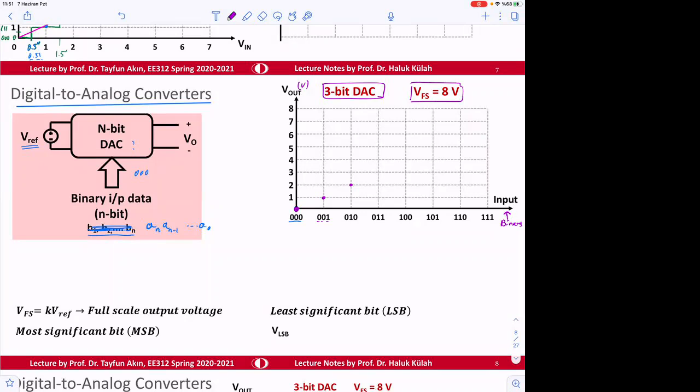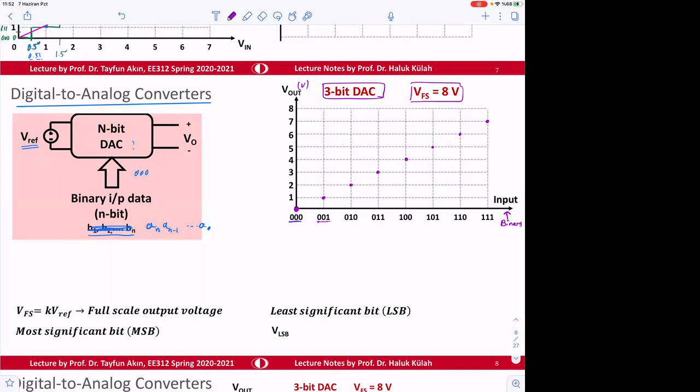If the full scale is 4 volts, then with a 3-bit DAC this is going to be 0.5 volt instead of 1 volt, but this is more convenient. So the device itself gives us a voltage like this. There's nothing in between: either the input is 0, 0, 0 or 0, 0, 1, and the output is going to be like this.